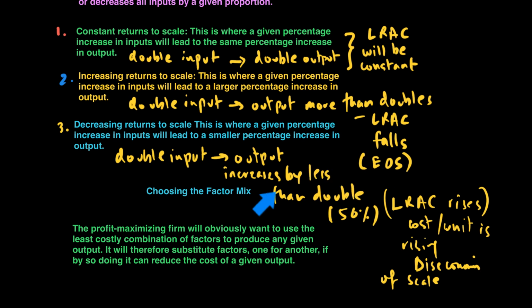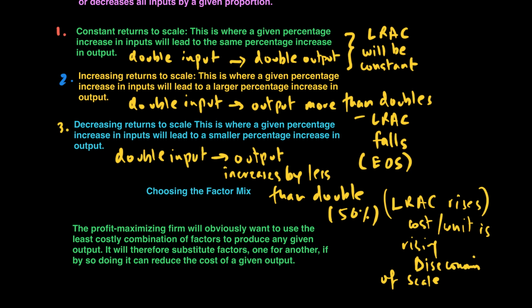And that's a great scenario. It's called economies of scale. Remember, economies of scale means this is a long-term scenario. Similarly, you double your inputs and your output also increases, but by less than double, we say LRAC is rising. This means that cost per unit is rising, or diseconomies of scale is happening.